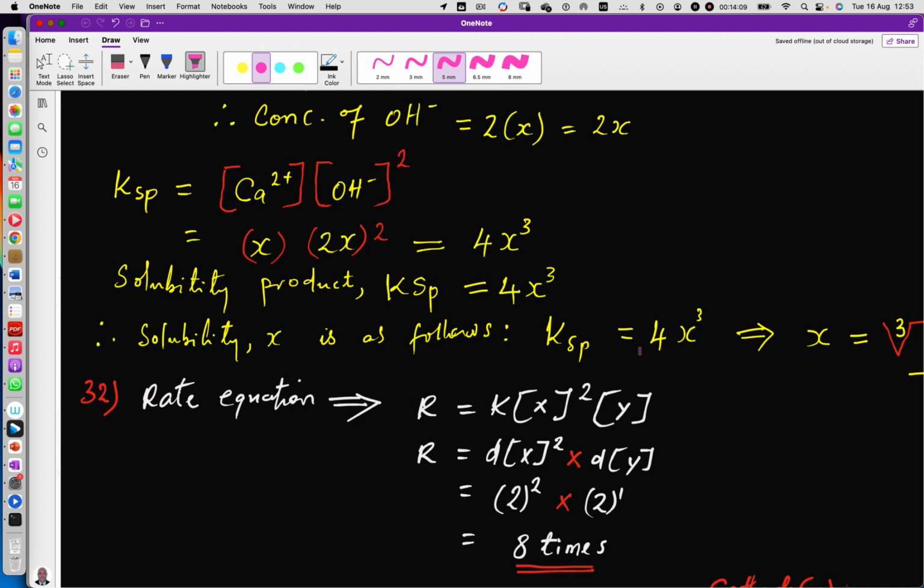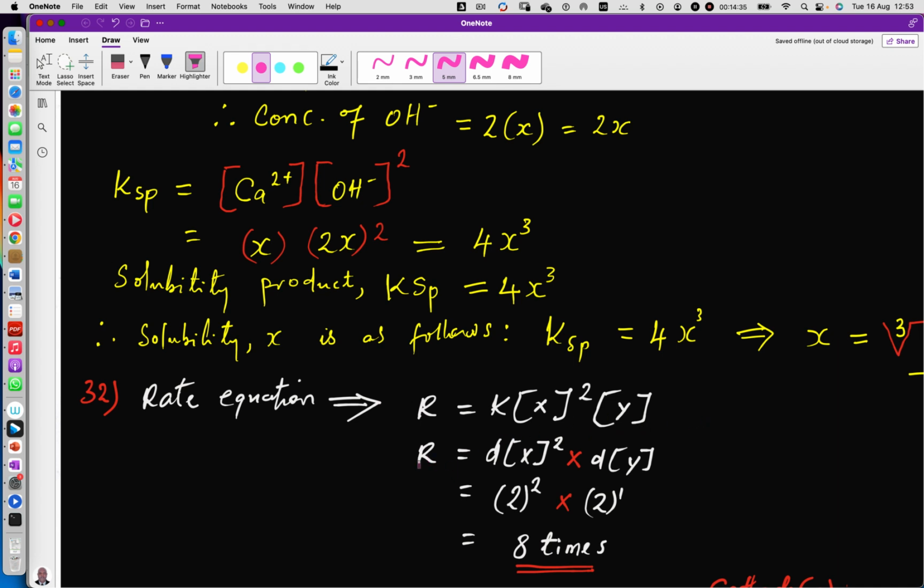Once more, this is the rate equation. The square bracket is the symbol for concentration. Now 2 is the order of reaction for X, and for Y the order of reaction is just 1. We are told that their concentrations are both doubled.